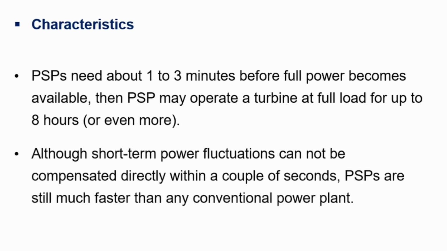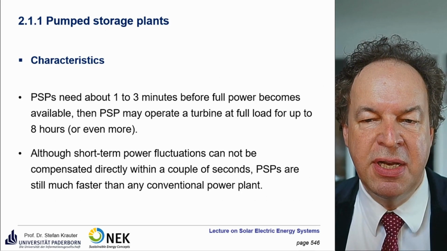Although short-term power fluctuation cannot be compensated directly within a couple of seconds, pumped storage power plants are still much faster than any conventional power plant. The fastest conventional power plants are gas power plants. They need about 8 minutes. The most modern ones, 5 minutes only.